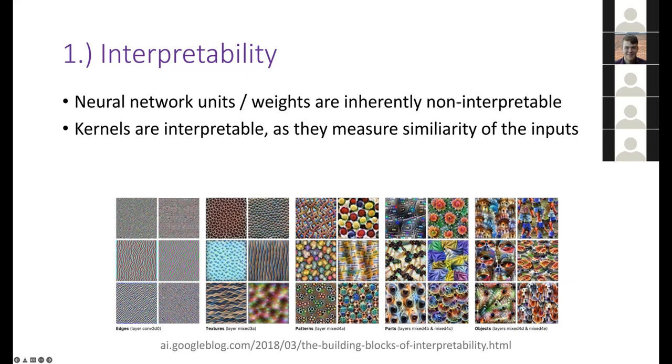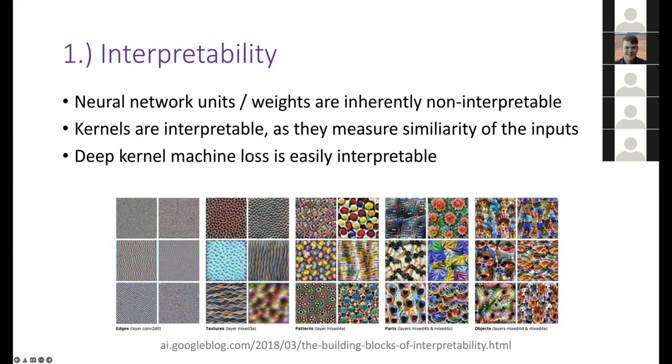So I certainly think that kernels are the way forward for pushing interpretability, and if we're working with kernels, we may as well work with deep kernel processes, because they, in addition, give you this beautiful loss function, which is very easily interpretable in terms of these kernels. So this is just a statement of my excitement about the exciting ways we can go forward.